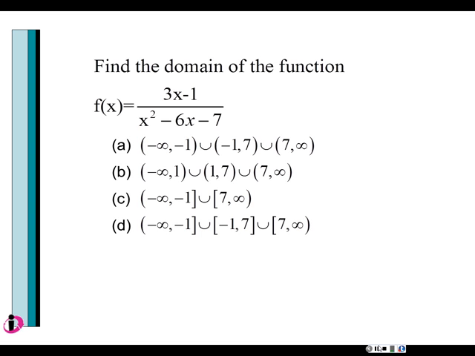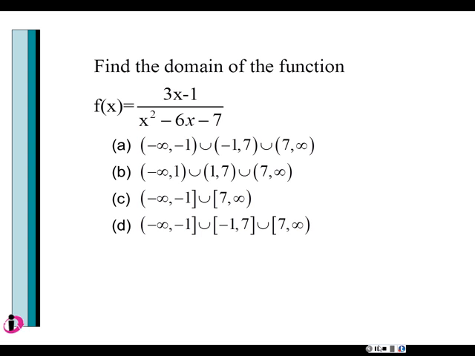Let's write the equation here, which is x square minus 6x minus 7 equal to 0. If we try to solve it, what is the formula? Minus b. What is b here? This is b, right? Minus 6.